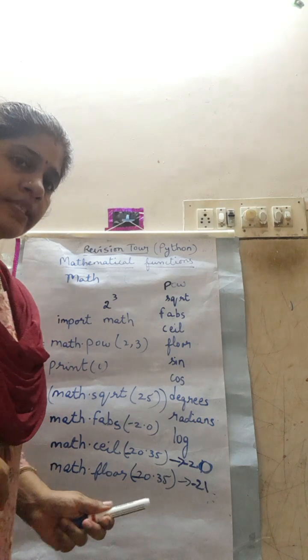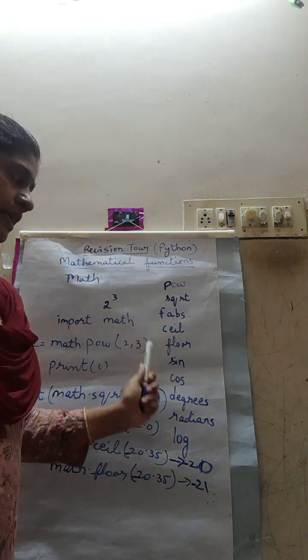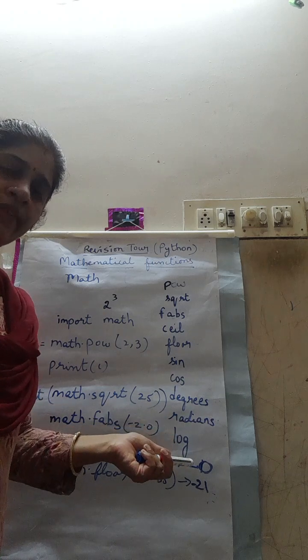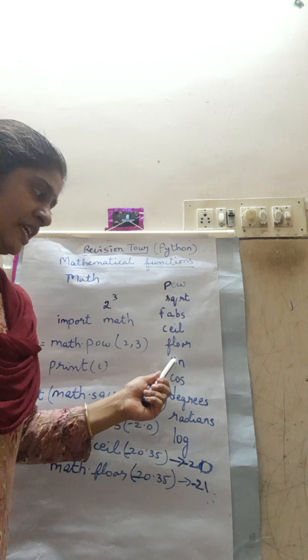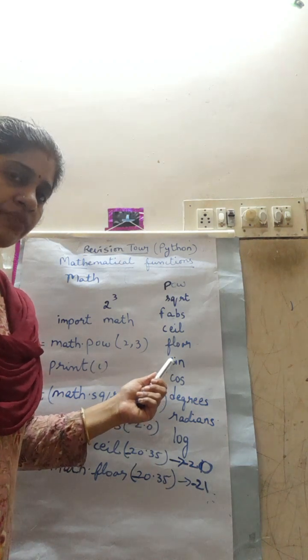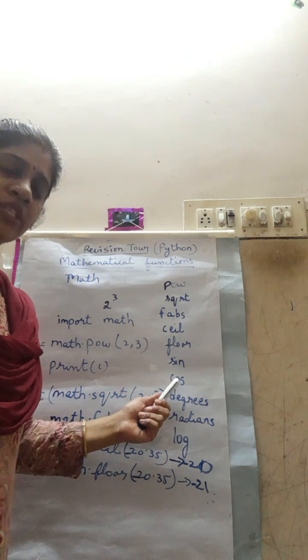So these are some of the functions which I have discussed, and they are very frequently asked in exams. These other ones you can also try. Sine will return the sine value of the number you pass, and cos will give you the cos value.